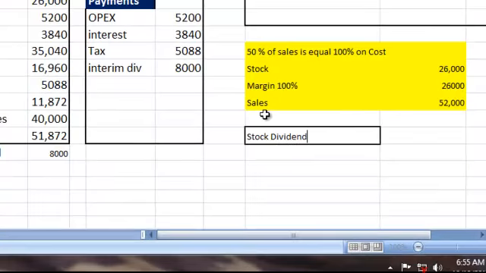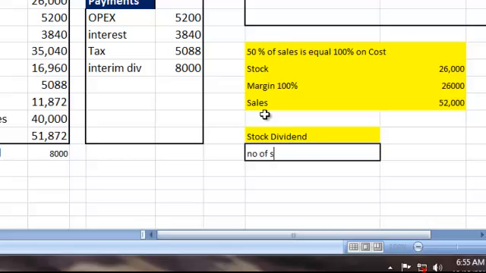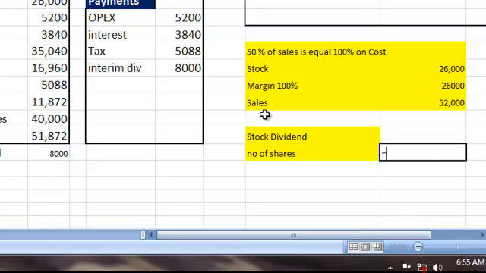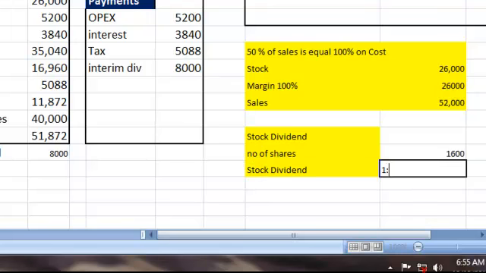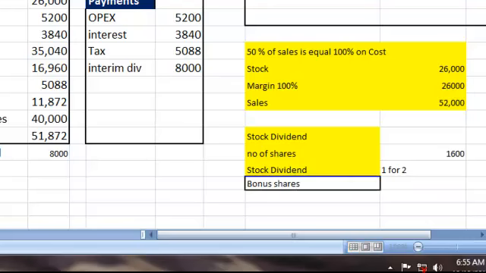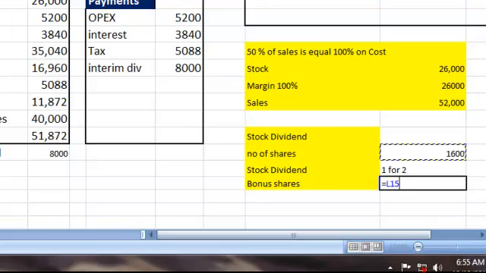So the number of shares that the company has at the beginning of the year is 16,000 divided by 10. The bonus ratio, stock dividend ratio, is 1:2, 1 for 2. So the bonus shares distributed is 800.